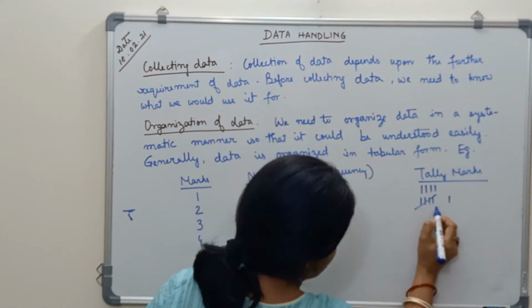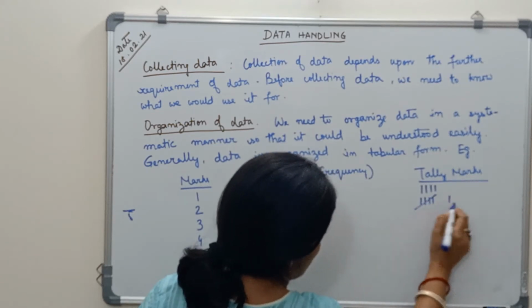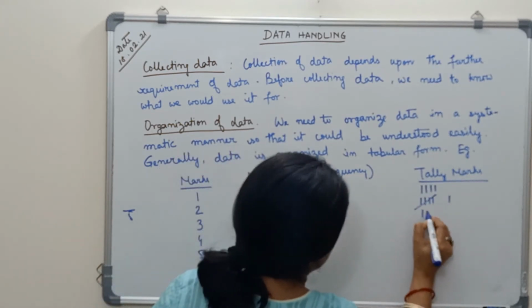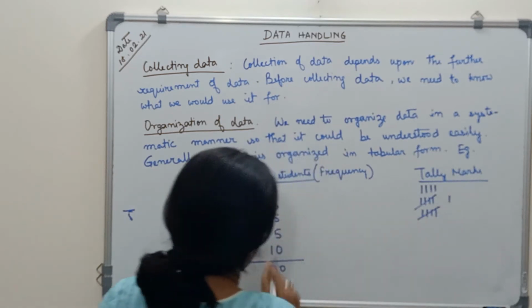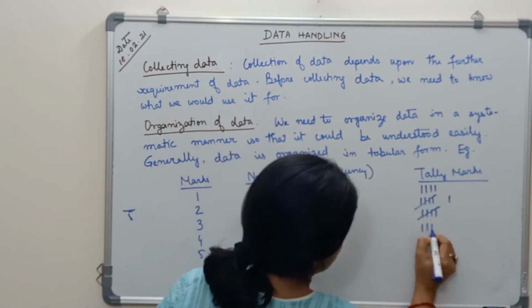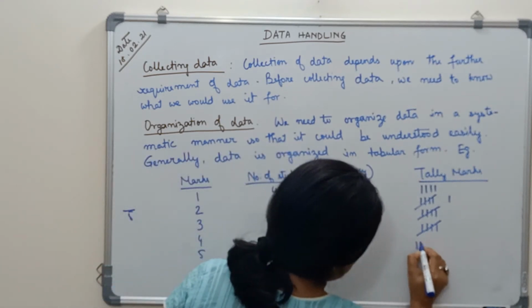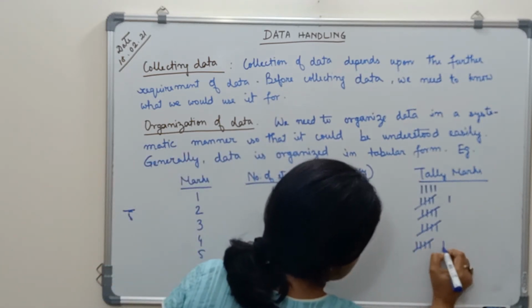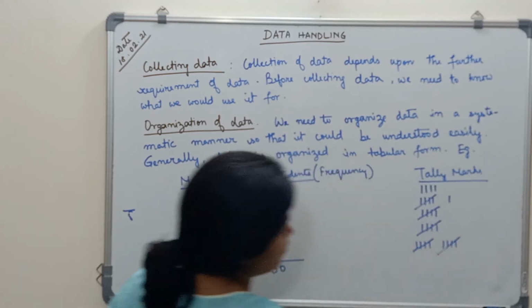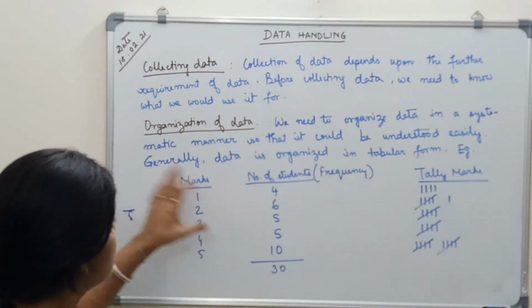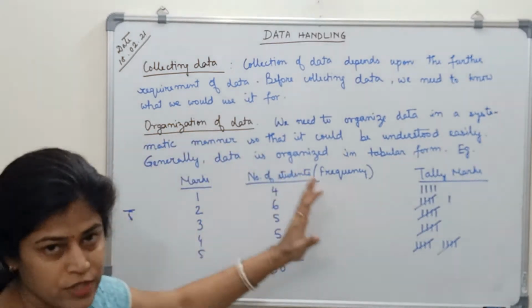See, 5 we can count directly. This is 5 plus 1, 6. Here it is 5, here it is 5 again, and here, tally means 10: 1 2 3 4 5 6 7 8 9 10. So this is called organization of data.